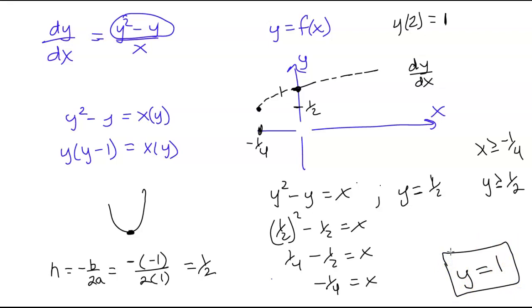I'm going to finish the problem and show you that that ends up being the case, but I wanted to tie in knowing what your x values and y values could be to make all this work.